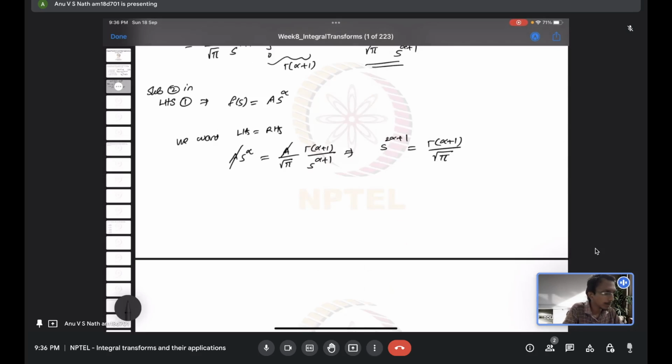So we have to find alpha. Let's say this equation is 3. From 3, the right hand side is actually a constant, and the left hand side is a function of s. It has dependency on s, but we don't want it because the right side is a constant.